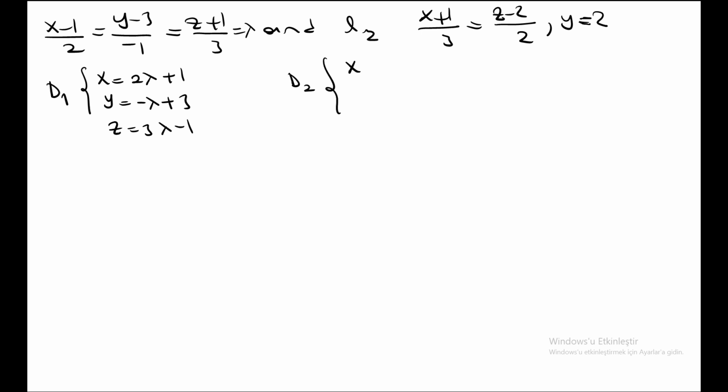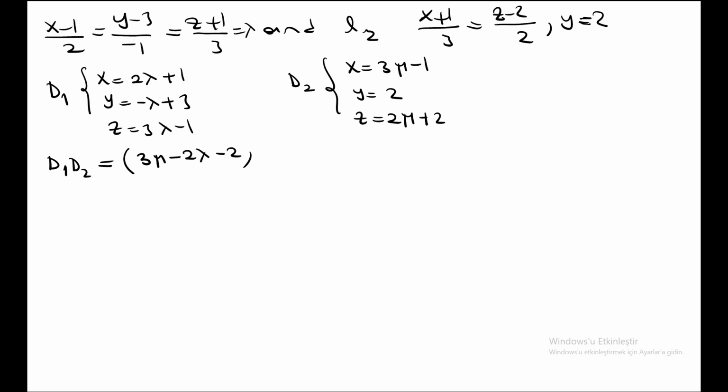D2 is this one: x is 3 times mu minus 1, y will be 2, z will be 2 times mu plus 2. Because these are arbitrary points on these lines, they will be in this form. So then D1D2 will be this one: 3 times mu minus 2 times lambda minus 2 for the first component.